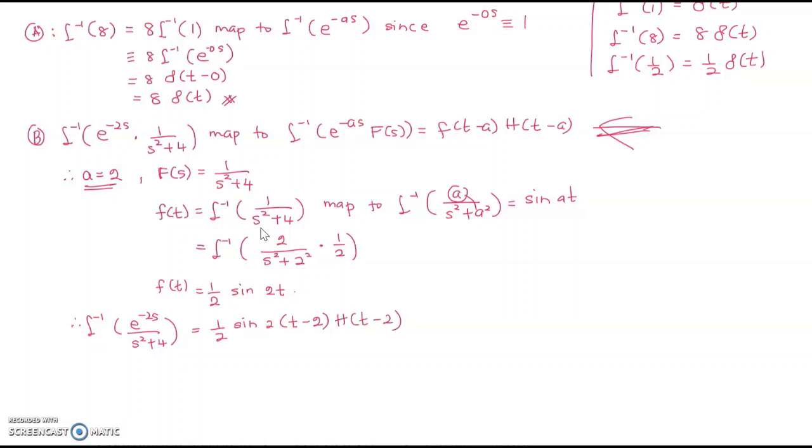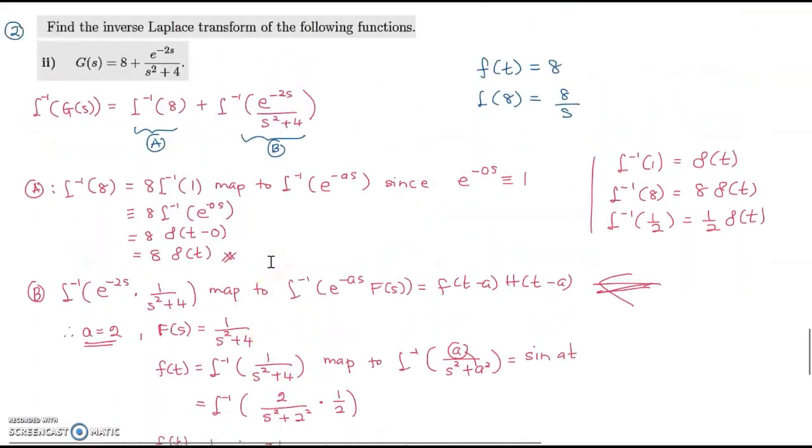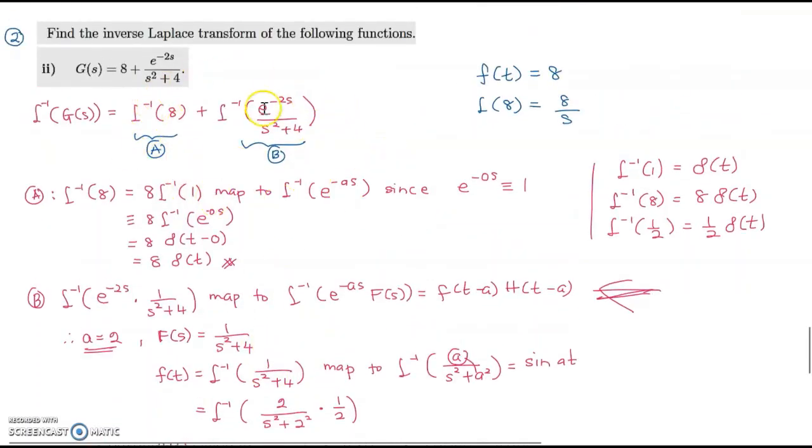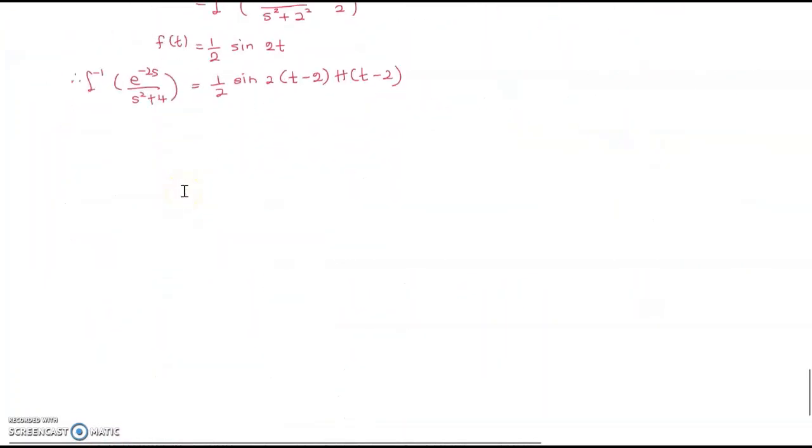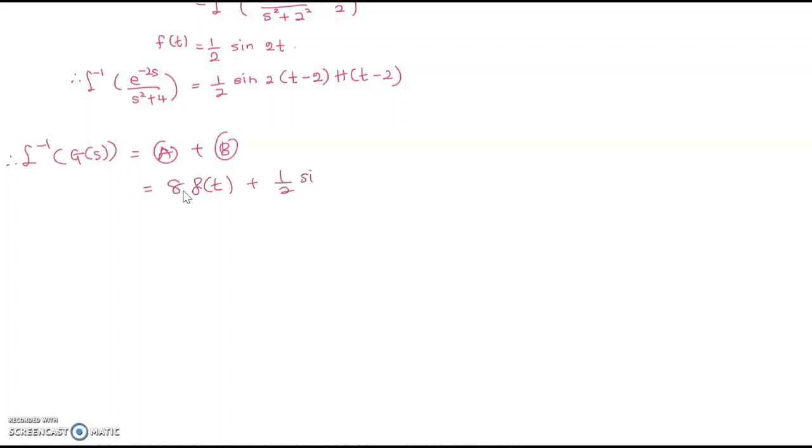So this is part B. The final answer should be A plus B. Put together, the inverse of Gs is 8 delta t plus 1 over 2 sine 2t minus 2 ht minus 2.